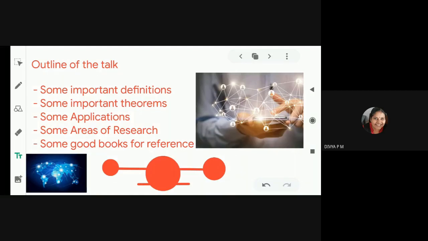Because knowledge, if you get it, should be added to with your own contribution later. So research is an unavoidable thing in any student's career, so some areas of research also will be dealt with. Finally, I'll give you some good reference books for beginners.